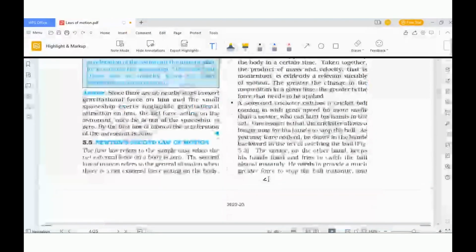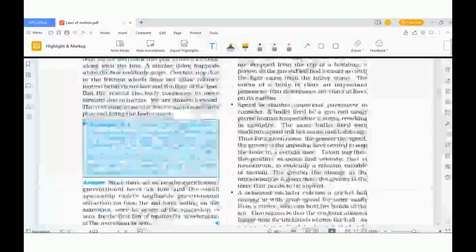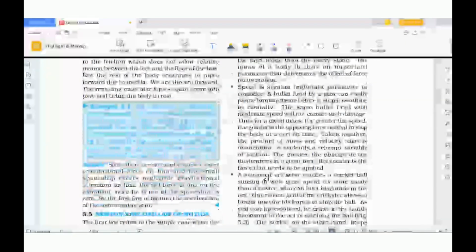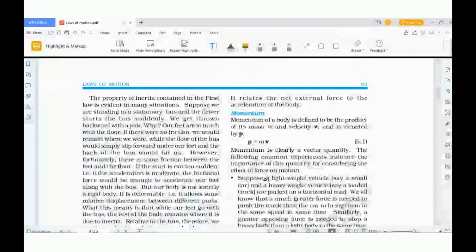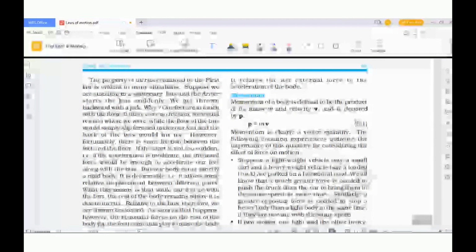So next comes the concept of second law and momentum. Do you know what momentum is? Yes, I know the formula, it's m into v, right?